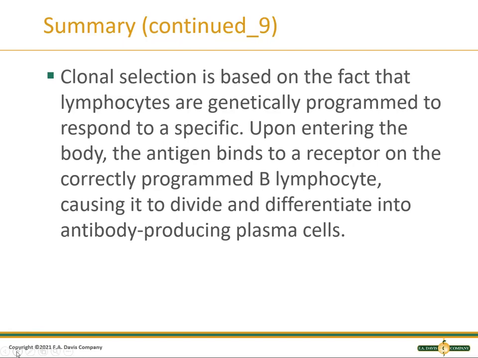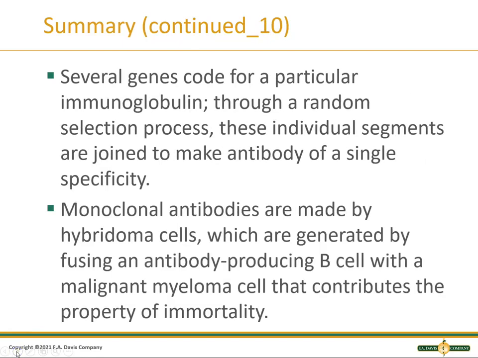But it's that clonal rearrangement that we were talking about. Remember, there was a whole bunch of different genes, and we go through this random selection. So those segments will join to make an antibody of a single specificity. They all sort of talk together, I guess you could say, so they know how to produce something that's very specific for a particular antigen.